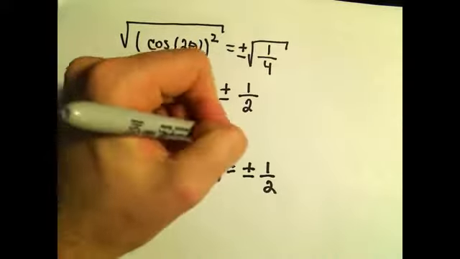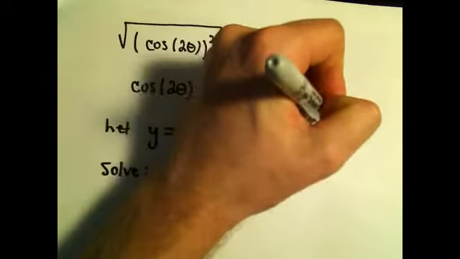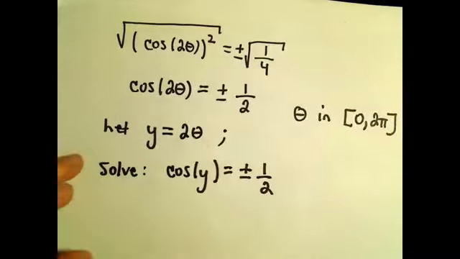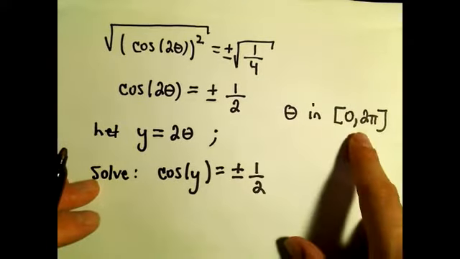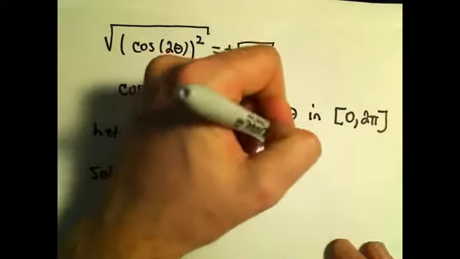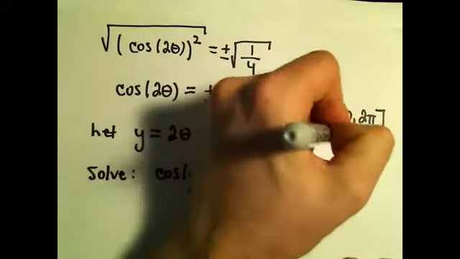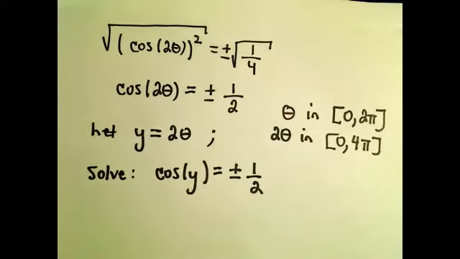Well, the idea is really sort of your interval has changed, because originally we wanted theta to be in the interval 0 to 2 pi. That was the original requirement. Well, that means that 2 theta would have to be in, if you double this, the interval 0 to 4 pi.